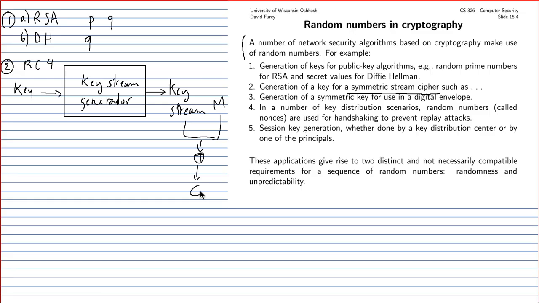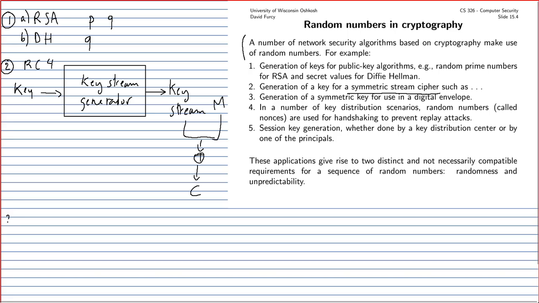And so this key stream is really a stream of numbers like the one-time pad that is then XORed with the message. And so this stream of numbers has to be a stream of random numbers. So again, the security of RC4, or more generally this symmetric stream cipher, is based on this stream of random numbers. So that's a second application in cryptography of the use of random numbers.